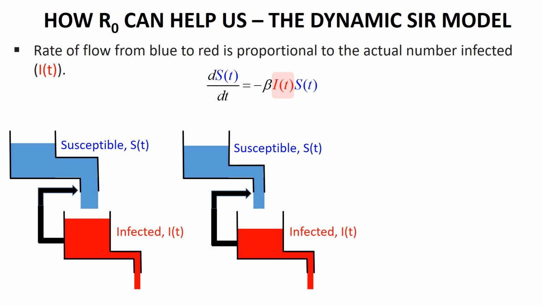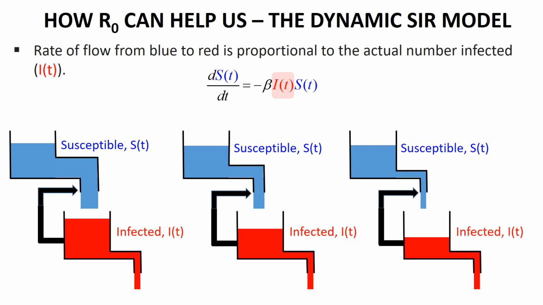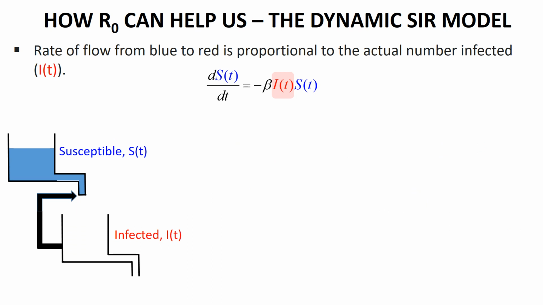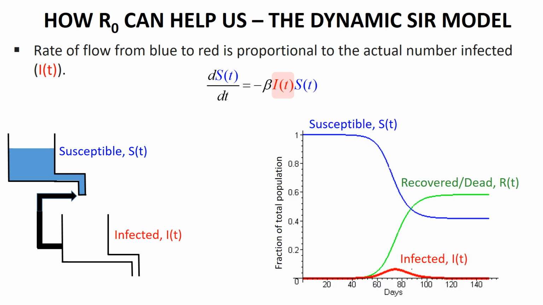So there, as we reduce the red level, the output gets smaller and the rate reduces until eventually, if there is nobody in the infected or no water in the infected bucket, then you will cut off the flow from the susceptible bucket. And that's what's happened in that particular case that I've drawn on the right hand side.